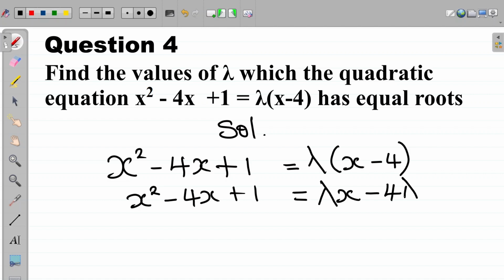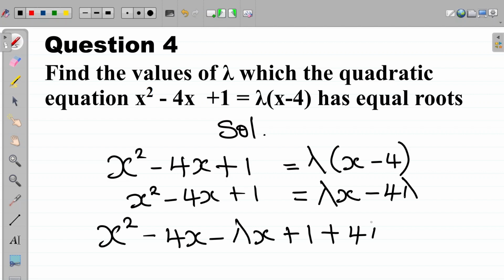Now at this point, we move all the values in our right hand side to the left hand side. So the equation becomes x squared minus 4x minus lambda x plus 1 plus 4 lambda equal to 0.